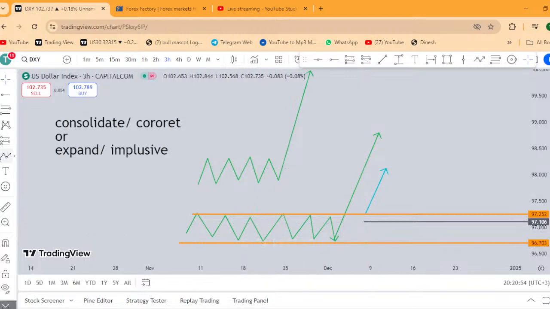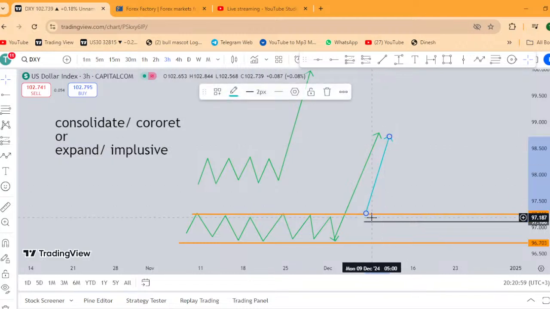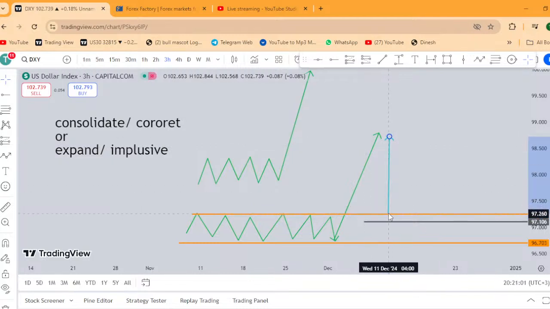If you calculate the pips from this entry level, the stop loss is too big. This is an expensive trade, and I can't take it.